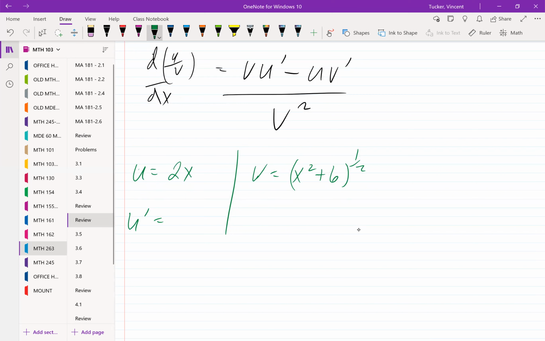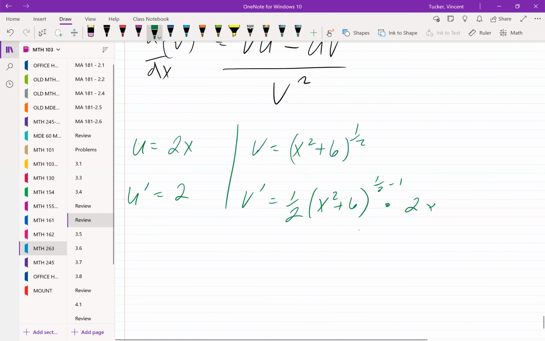Then derivative of 2x is 2. Derivative of x squared plus 6, you're going to bring the 1/2 down and subtract 1 from the 1/2. And then you're going to take the derivative of the inside, so it's just going to be 2x and multiply that. Then the 1/2 times the 2 will cancel, leaving just x times x squared plus 6 to the negative 1/2.